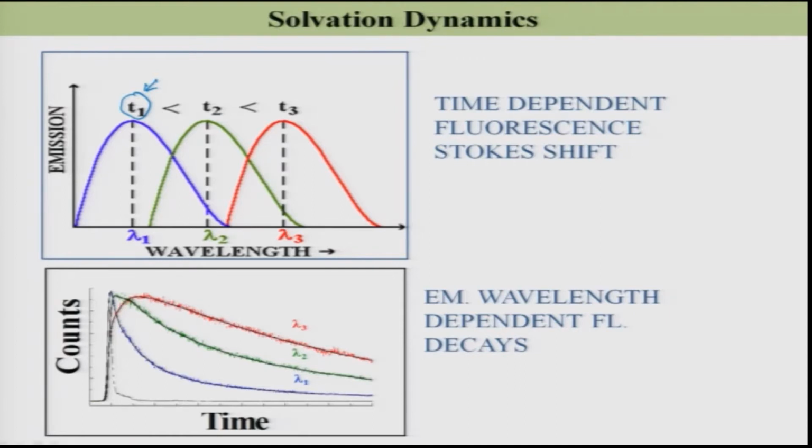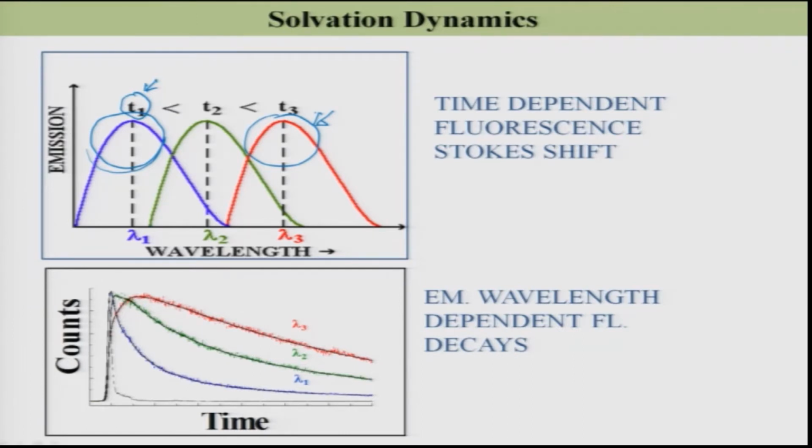As time goes, the emission will shift to longer wavelength. Now, as I said, the steady state emission spectrum of this molecule is nothing but the time integrated spectrum of all these different times. So the steady state will be somewhere here, where the contribution of this one will be very small because it exists only for a very short time, but the contribution of this one will be large because this is my equilibrium solvation structure of this solute dipole.